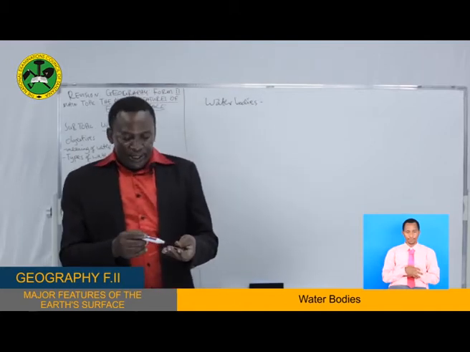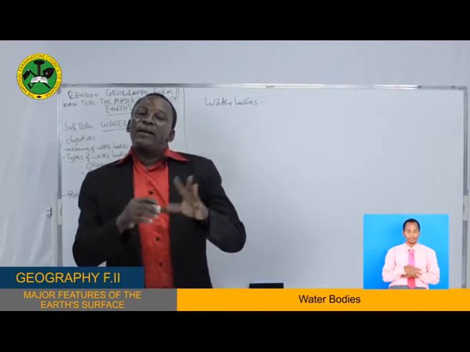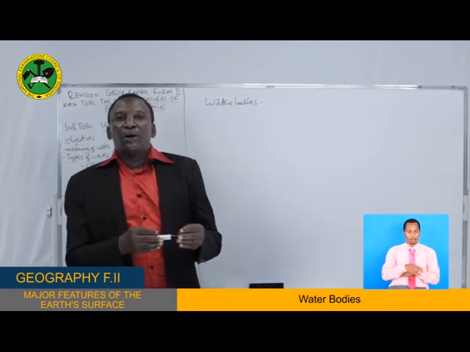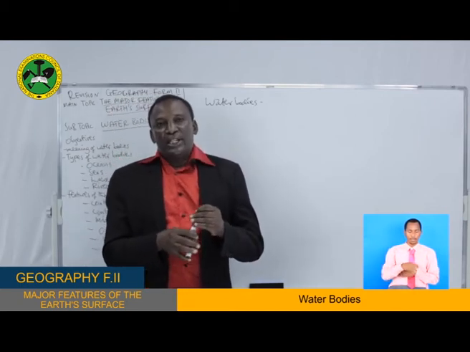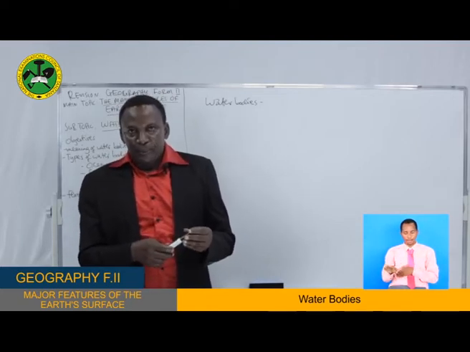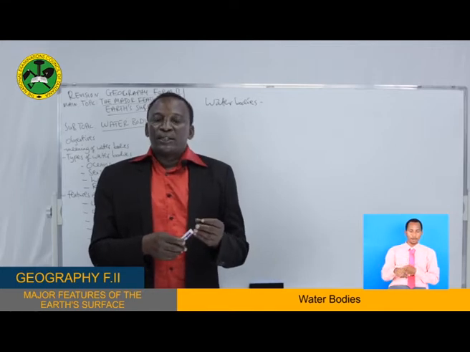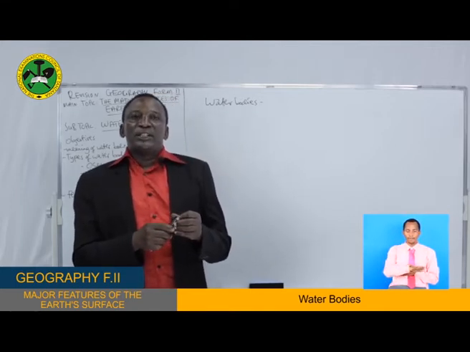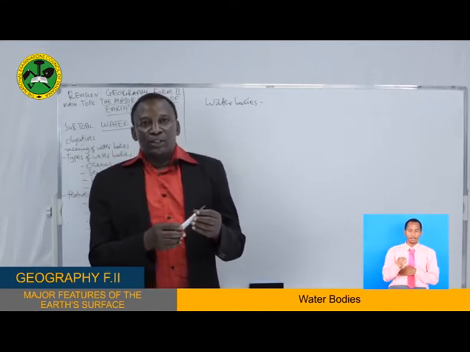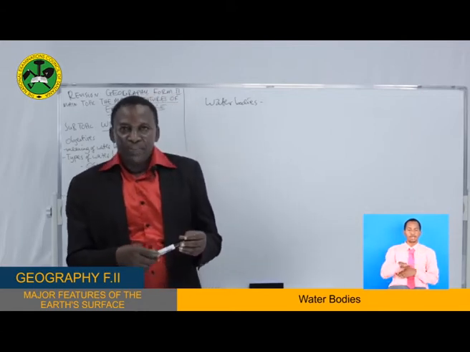Water bodies are the areas on the Earth's surface which are covered by water. This surface covers about 71% of the whole total area of the Earth.